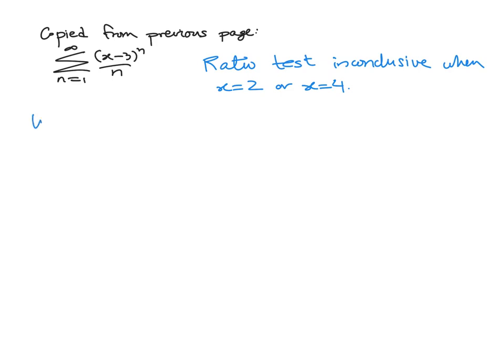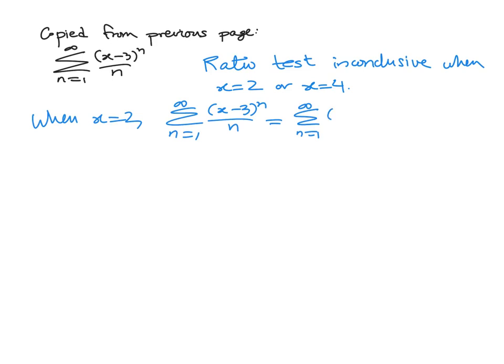So when x equals 2, we get the sum from n equals 1 to infinity of x minus 3 to the n over n, which equals the sum of 2 minus 3 to the n over n, which is basically the sum from n equals 1 to infinity of negative 1 to the n over n.